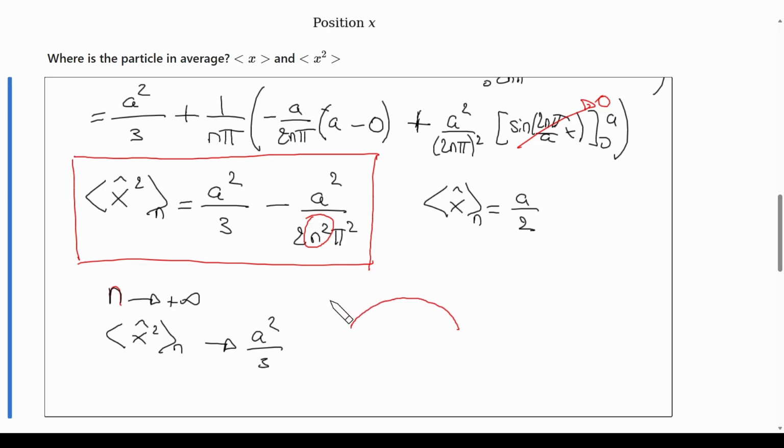The first, for n equals 1, we have this. So the spread is small in some sense.